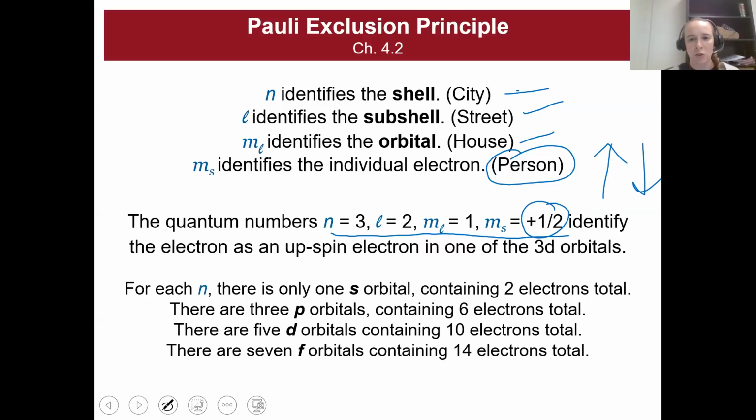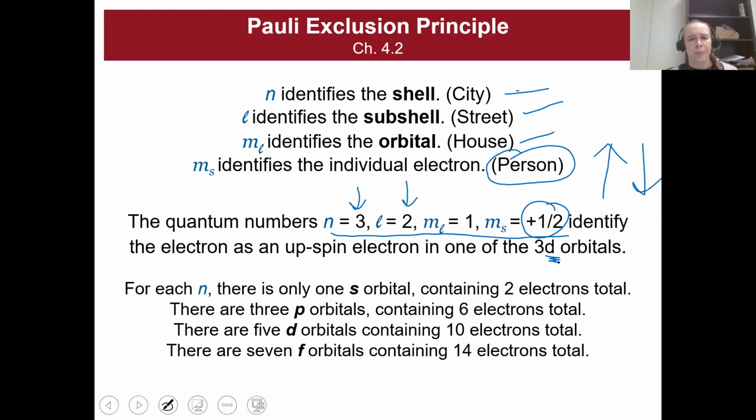So it's that electron in one of the 3d orbitals. The n equals 3, the l equals 2 tells us it's the d orbital, and m sub l just tells us that it's one of those orbitals. We don't know the correlation between the value of m sub l and which one of the orbitals it is, but we just know it's an electron in one of those orbitals.